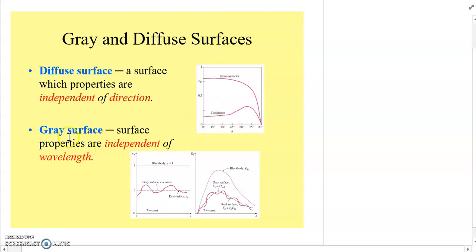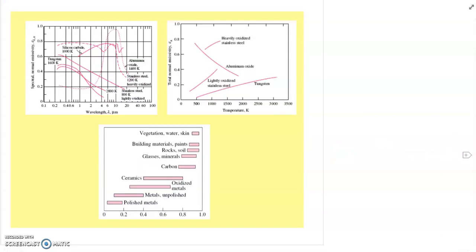Unlike that, a gray surface is a surface whose properties are independent of wavelength. The graph is emissivity versus wavelength. These are some other examples for gray surface.